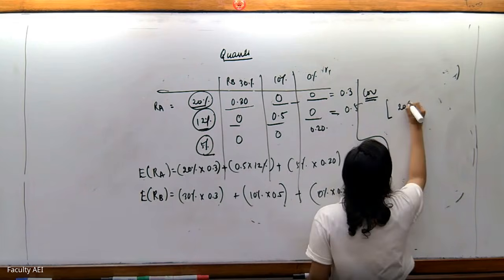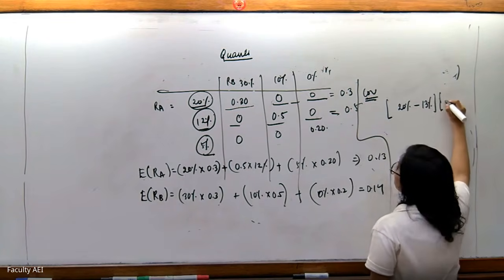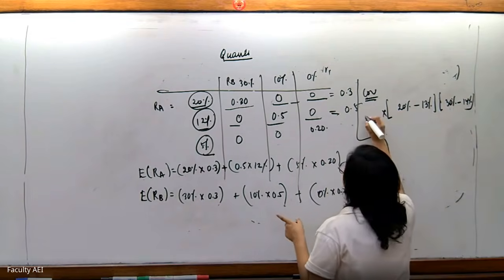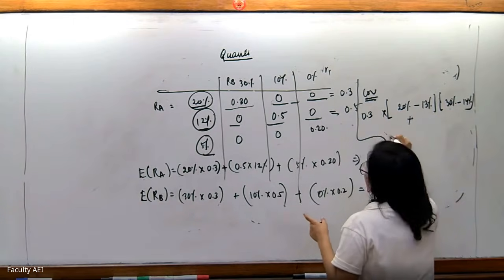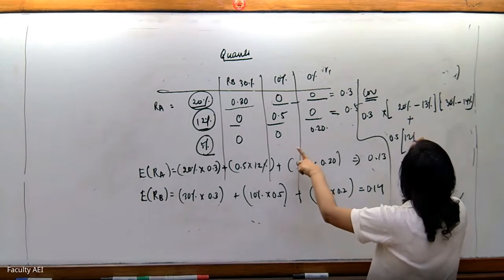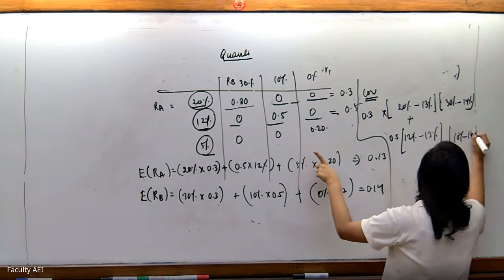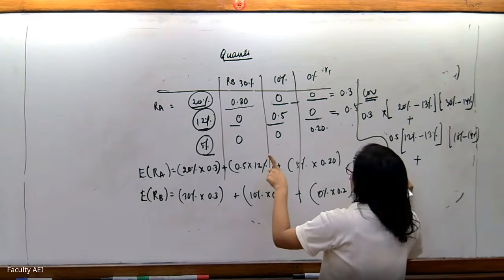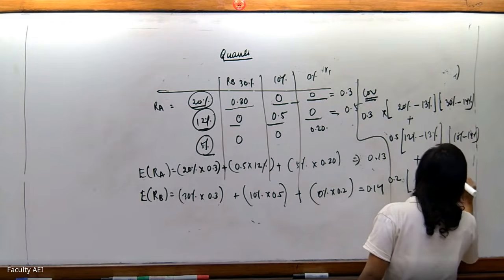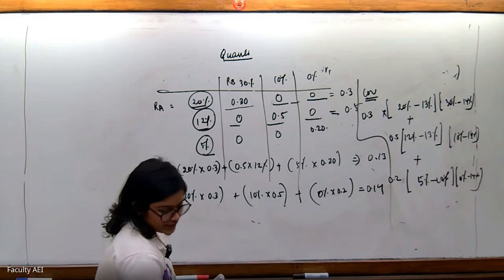So it is 20% minus 13%, 30% minus 14%, into the probability of 30%, plus 50% into 12% minus 13%, 10% minus 14%, plus 0.2 into 5% minus 13%, 0% minus 14%. So this is how we can calculate covariance.